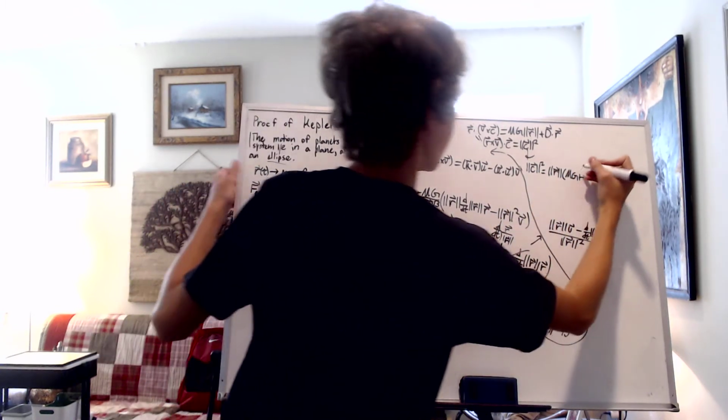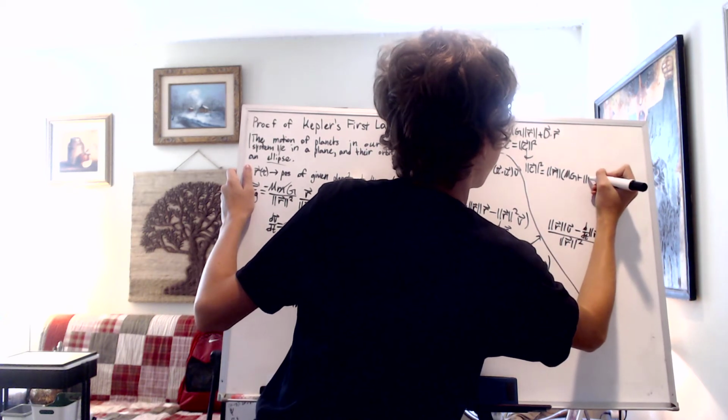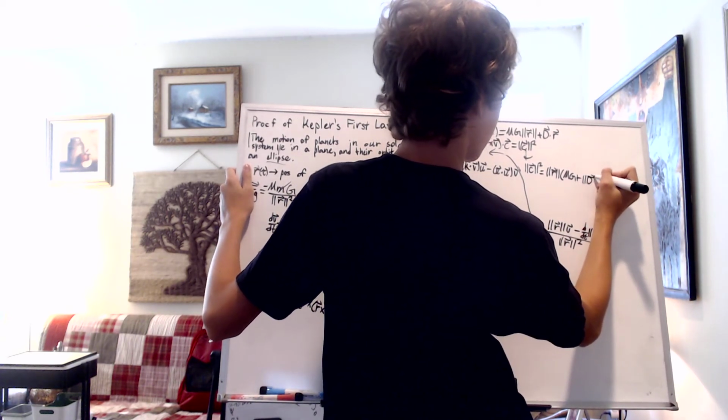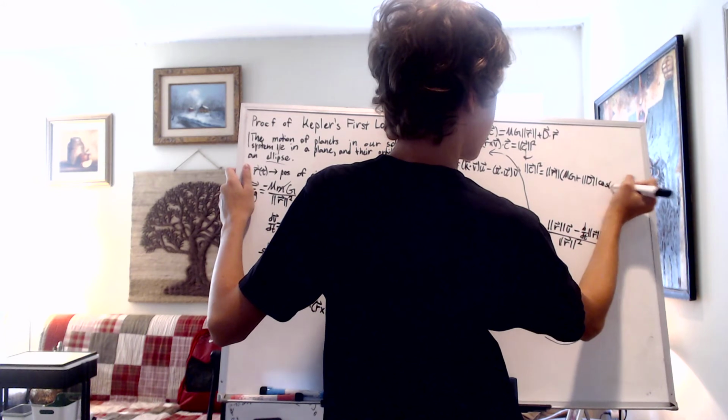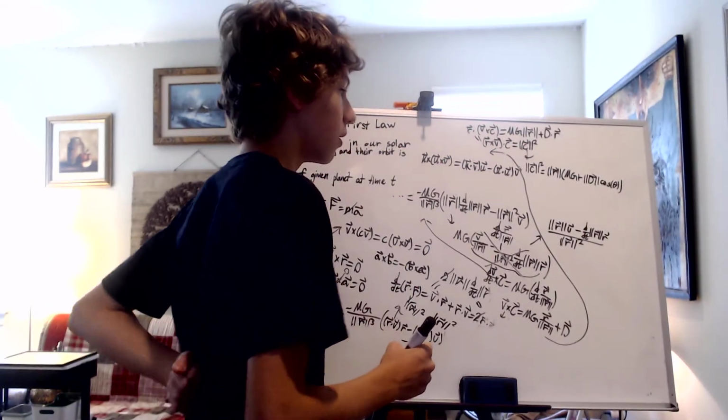mg plus the magnitude of d cosine theta. So we can solve for the magnitude of r.